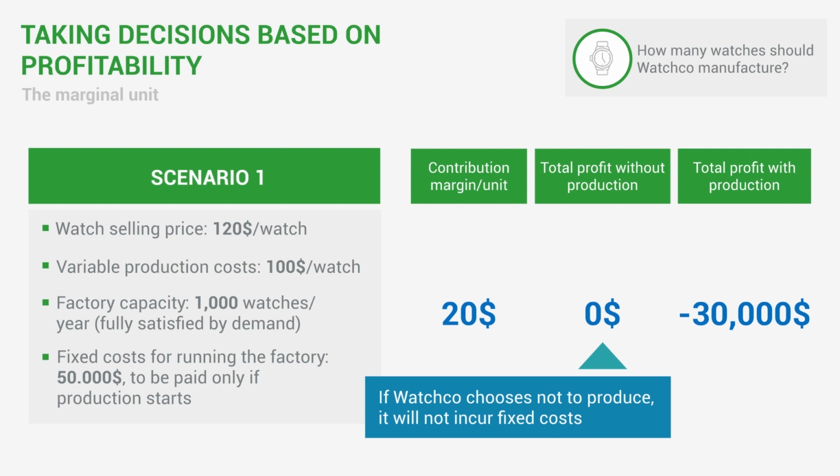However, starting production will require the company to pay $50,000 of fixed costs. That will make the decision loss-making by $30,000. Therefore, if fixed costs are to be paid only if the company decides to produce, it would be better off by deciding not to produce any watch.